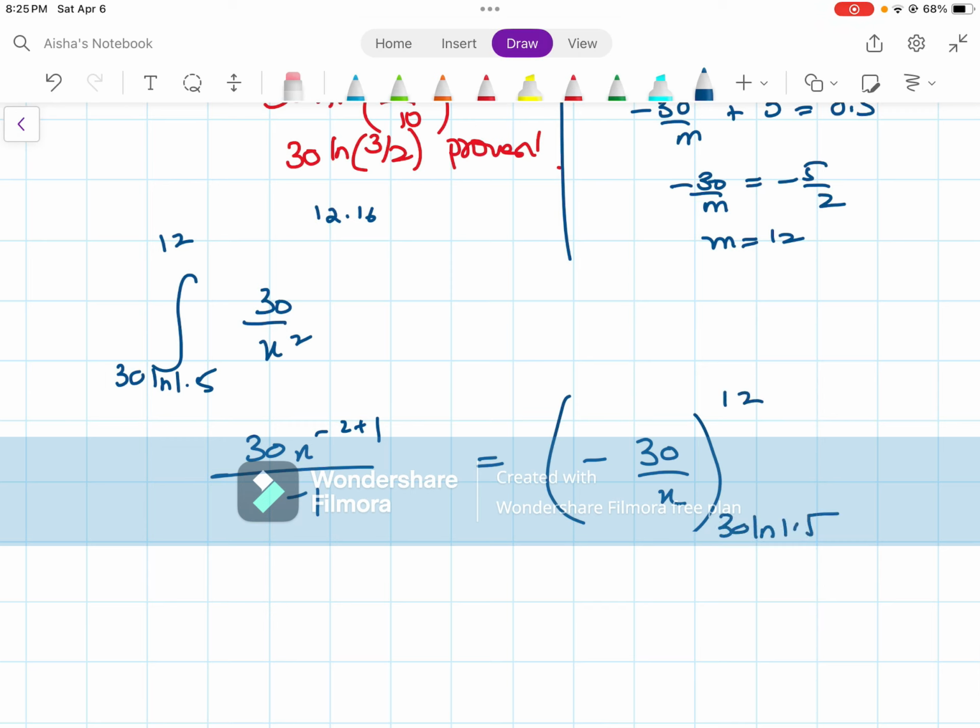When you integrate, when you put in the limits, this is a bigger limit.